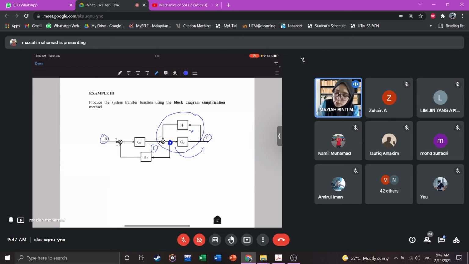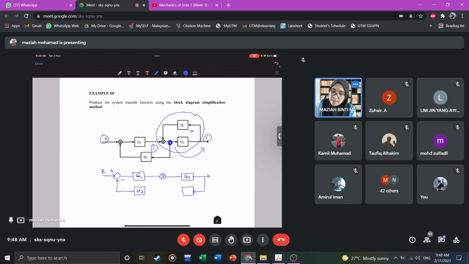If we move toward the output, the block diagram will become G2, and then here we have H2, R. Okay, but since we moved the pick-off point, there will be an additional block here.